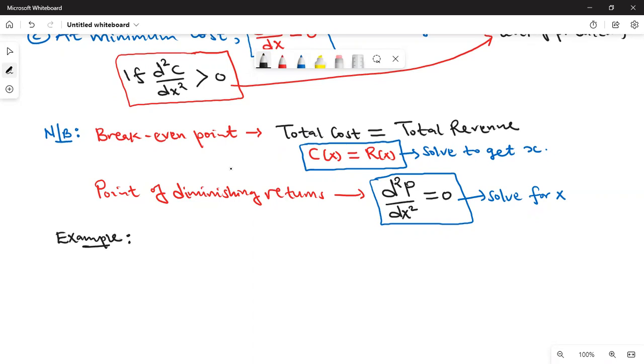You are told that in marketing a certain commodity, a business has discovered that the demand for the commodity is represented by, so I'm just going to give you what is written, P of X is equal to, remember the P small to mean price, 50 over root X. This is the demand function.